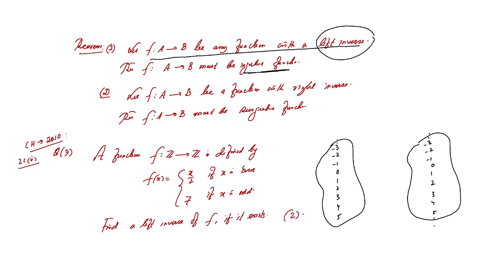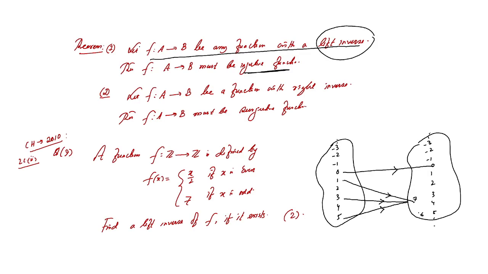If we think about the elements of the map, 0 is an even number, so 0 by 2, that means 0 goes to 0. 1 is odd, so 1 goes to 7. And again, if we take 3, 3 also goes to 7. 5 also goes to 7. So this map is not injective, that means it has no left inverse.